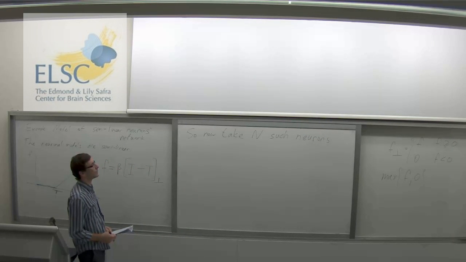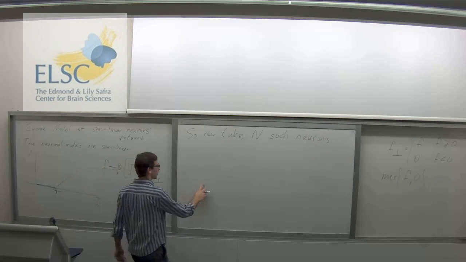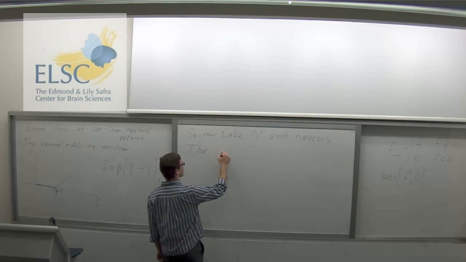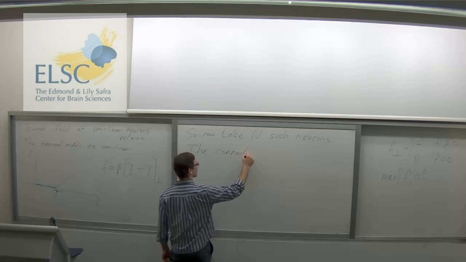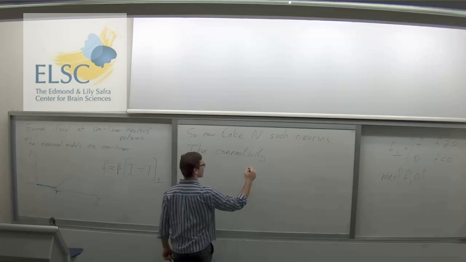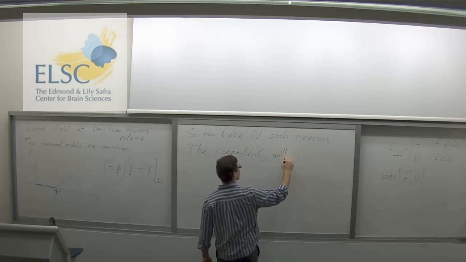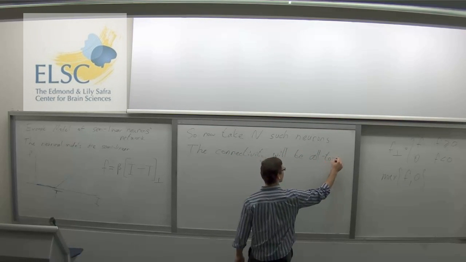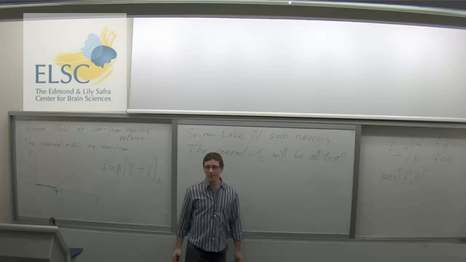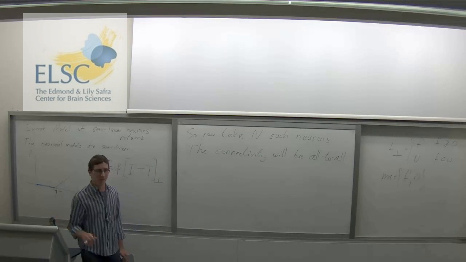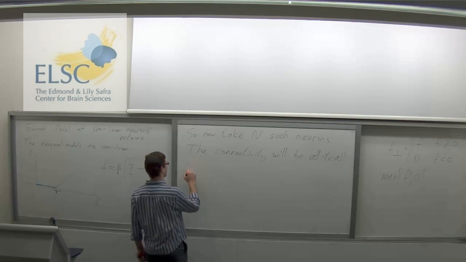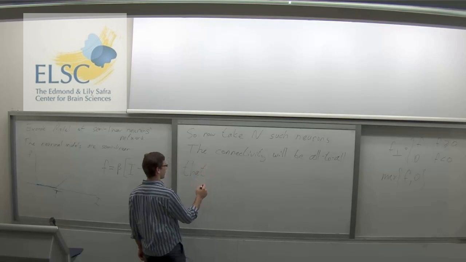And the connectivity will be all to all, which means that all neurons are connected to all other neurons, except that a neuron is not connected to itself.